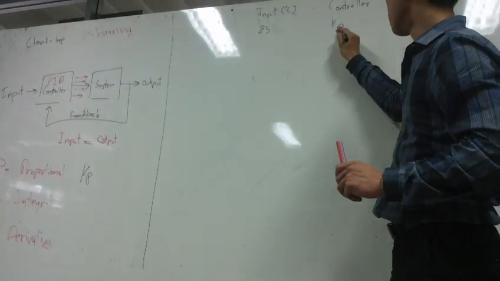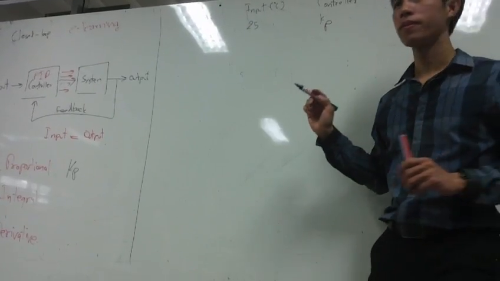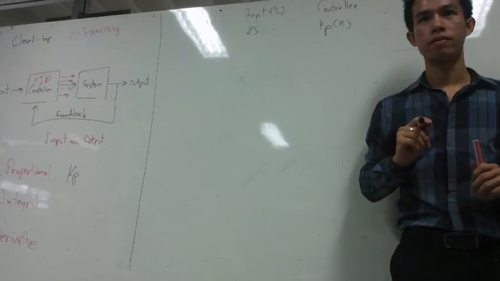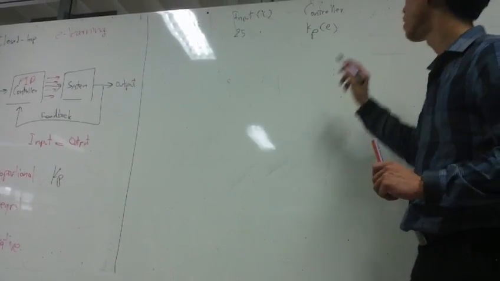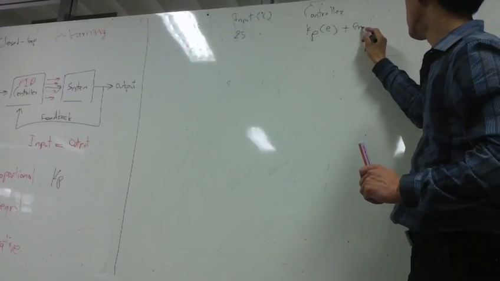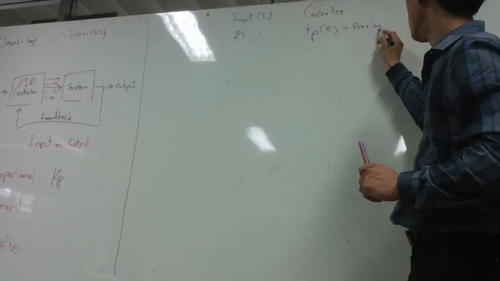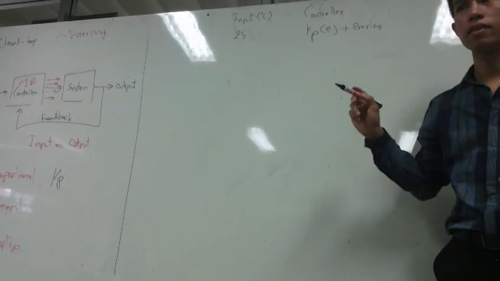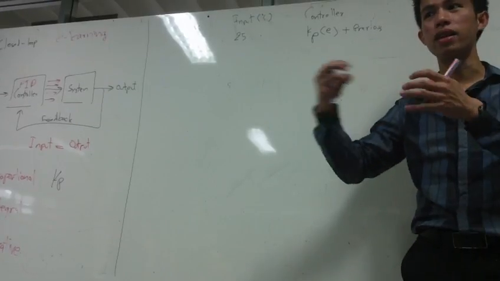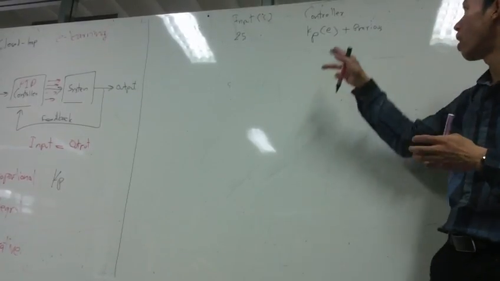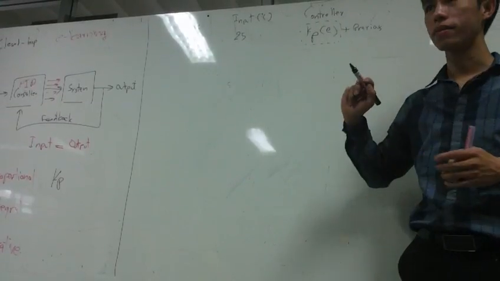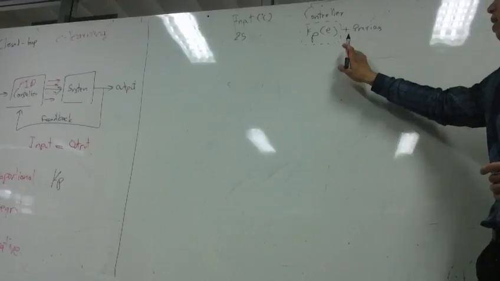It's going to take this proportional constant, multiply by the error, and it will add it to the previous value. So whatever previous value it has, it will try to change the amount according to this. We'll come back to this later.